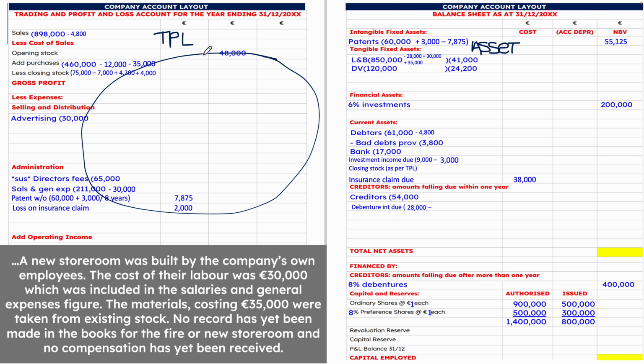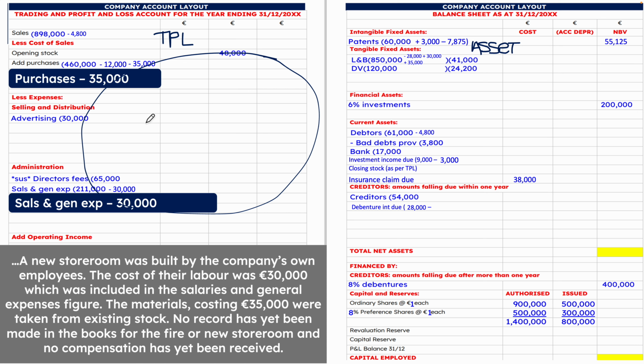So we need to take the cost of that building out of the TPL and put it over into the assets. The cost of their labour, 30,000, was included in salaries and general expenses, so we're going to take 30,000 out of the salaries and general expenses. We're going to take the 35,000 out of the stock, so they took stock worth 35,000 out of the firm's stock.